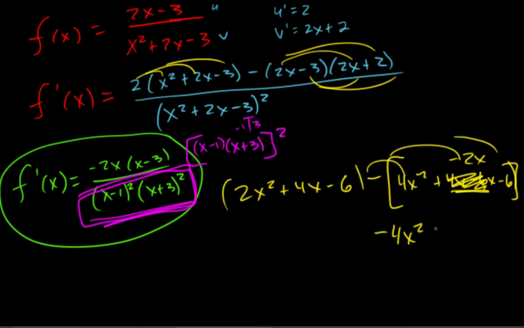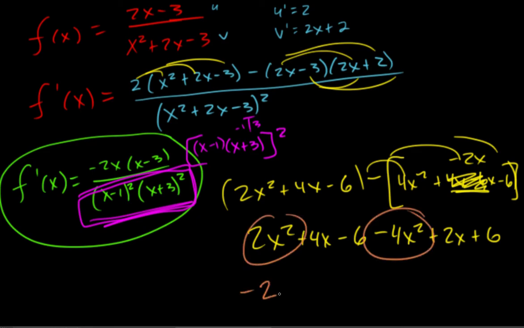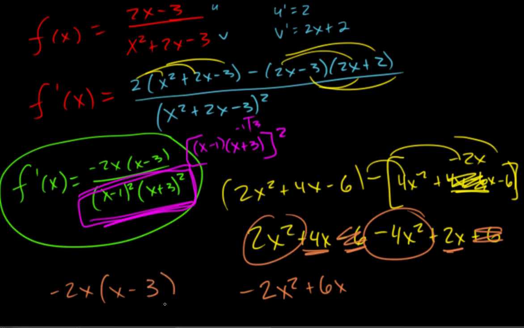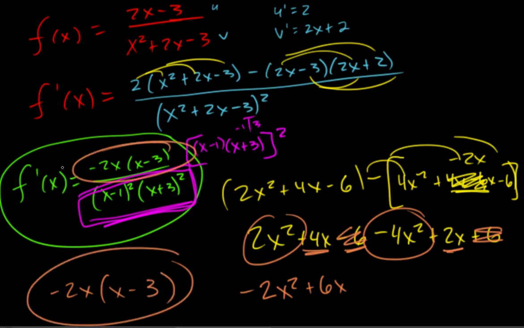Negative 4x squared plus 2x plus 6. And if we combine these, we get negative 2x squared. If we combine these, we get 6x, and then these two cancel. We can factor out a negative 2x. When we do that, we're left with x minus 3. So we just proved that the top is the same.